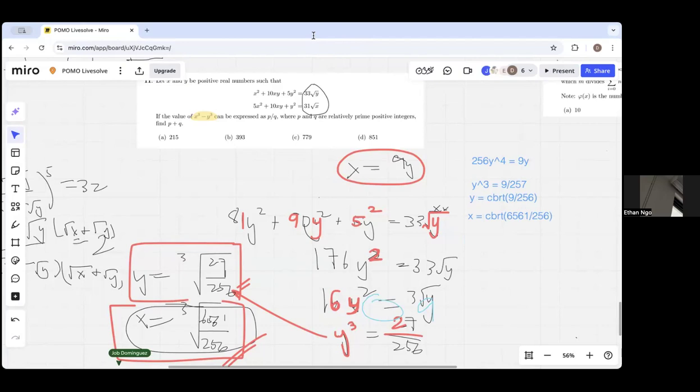This is 6561 minus 9 all over 256, which is 6552 over 256. Basically, if it's 6552, I think you need to use the denominator and find the last 4 digits of it. Okay. You're supposed to conclude that the answer is 819 over 32, which is 851.